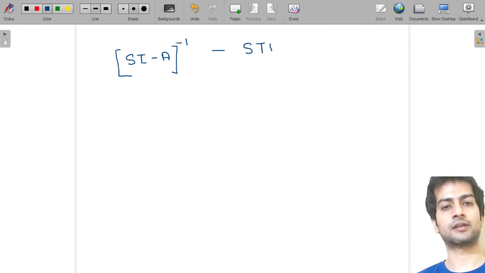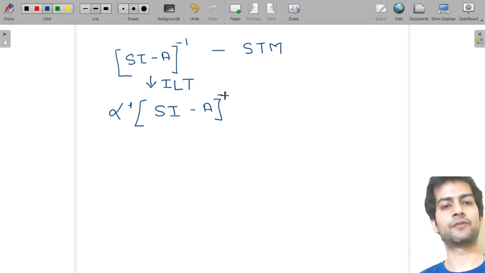If we take the inverse Laplace transform of it, then also we will get the STM.